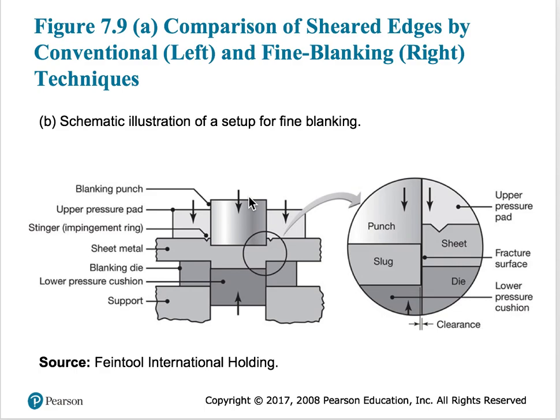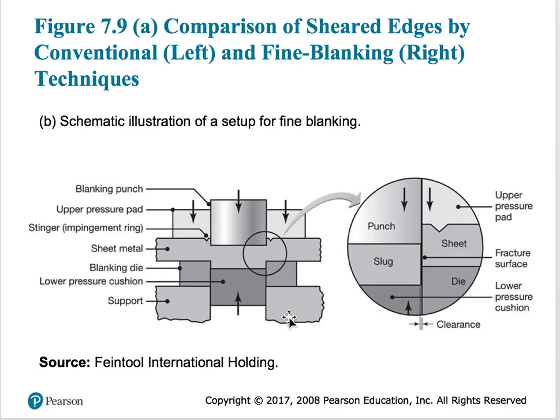It's a hardened steel blade that is bent to the shape to be sheared, typically like a cookie cutter. And then you might have some kind of a die that is pressed against the material, so you have some kind of a support in order to get the material out.